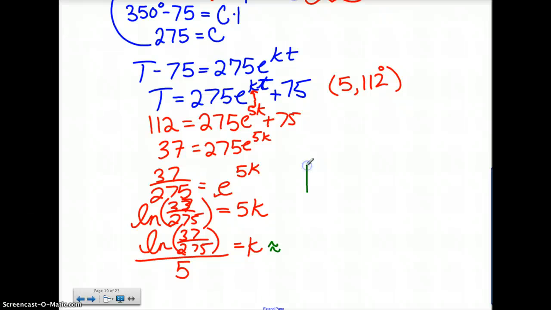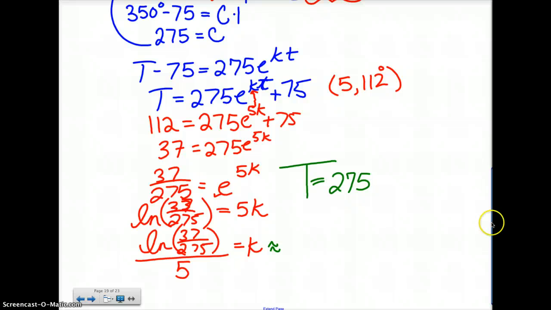And so to complete our answer, we are able to predict the temperature at any time in that cooling process, which would go from 350 degrees down to the room's temperature, which is 75 degrees. We're going to have a limit as t approaches infinity.